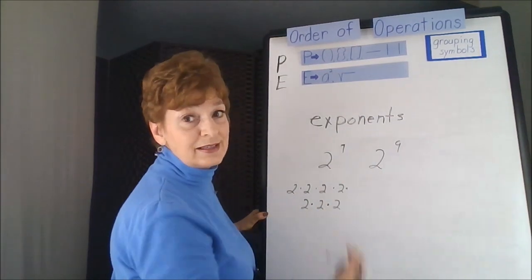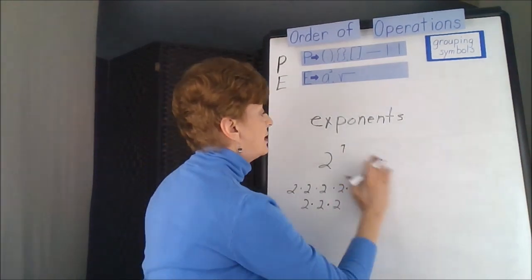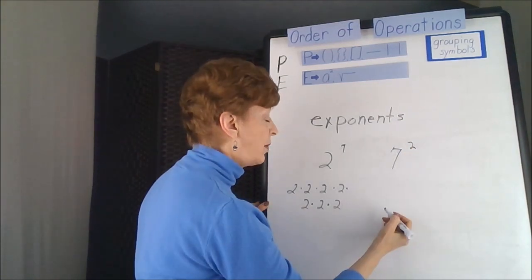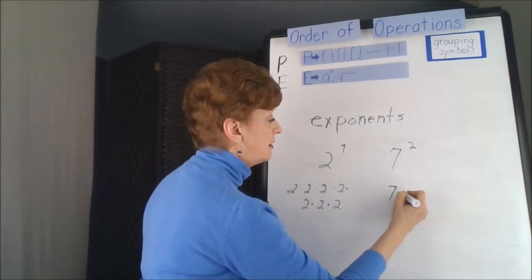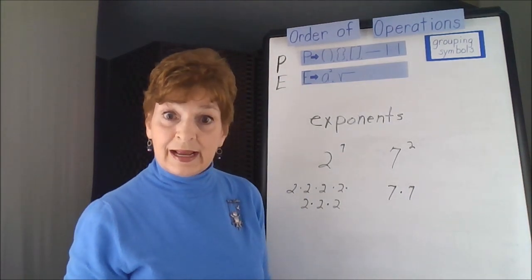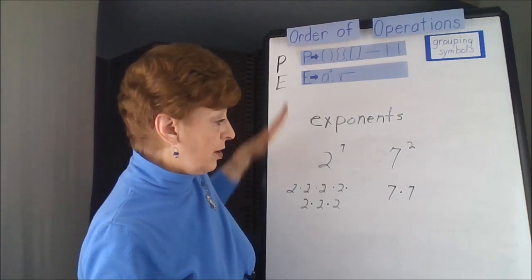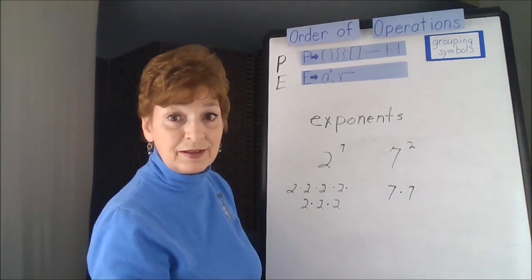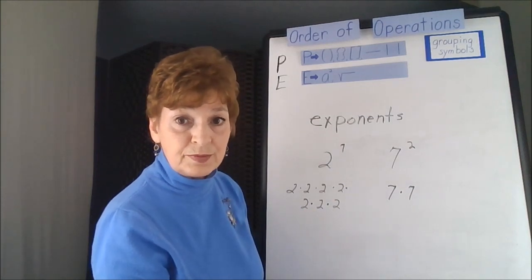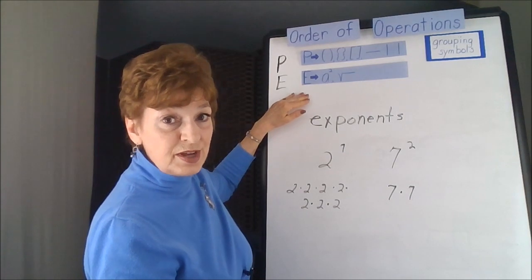And obviously, it keeps going. If I had 7 as my base and 2 as my exponent, this would mean 7 times 7. At any rate, if you see any exponents in your line of equation that you have to do, several steps, lots and lots of numbers side by side, if there are any exponents, those are done.